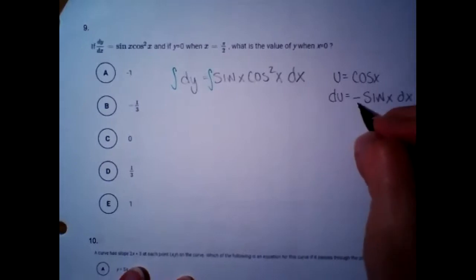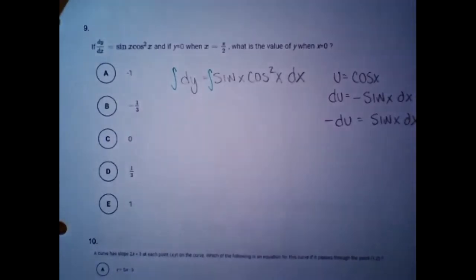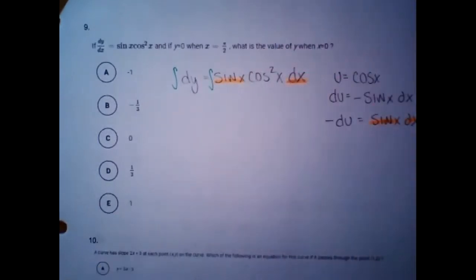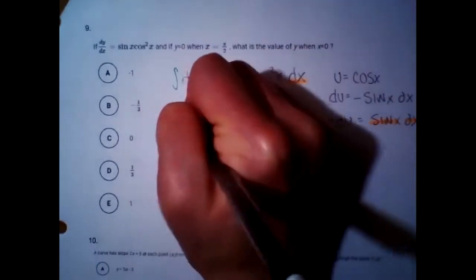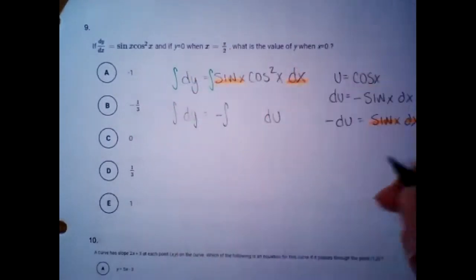And I'm going to divide the negative to the other side. So the part that we get to substitute out is the sine of x dx. And in its place, we're going to put a negative and a du.